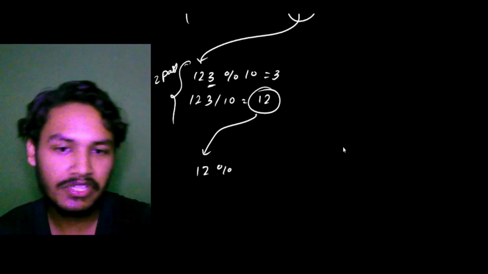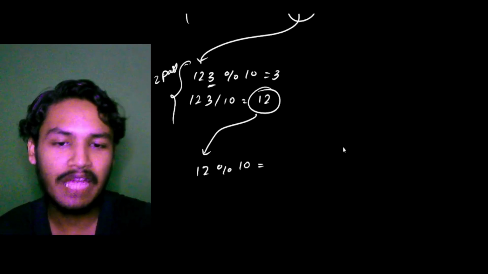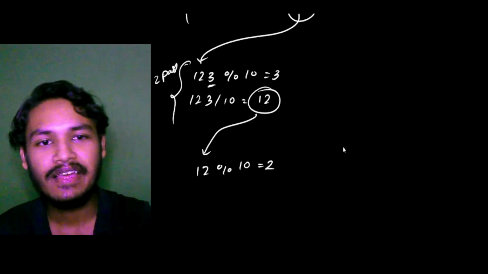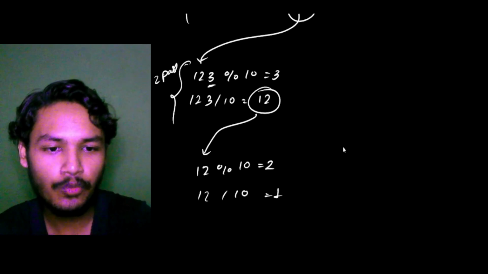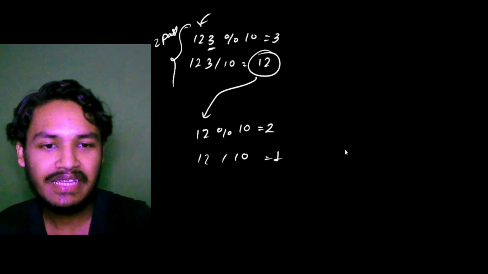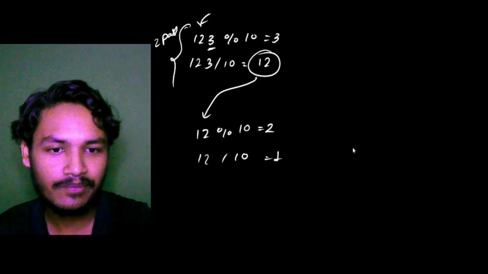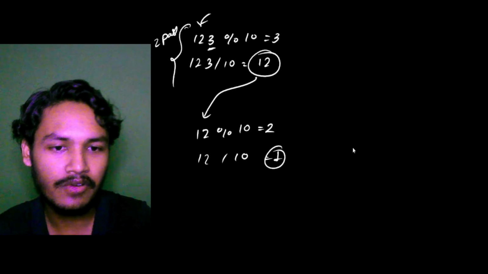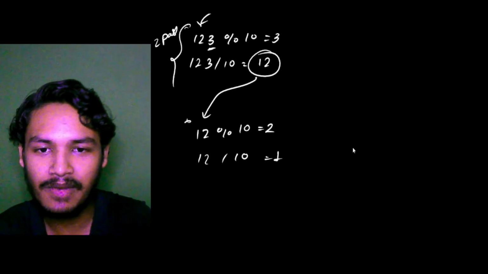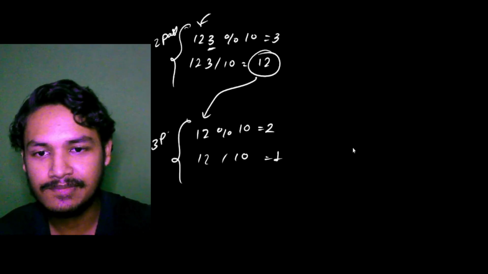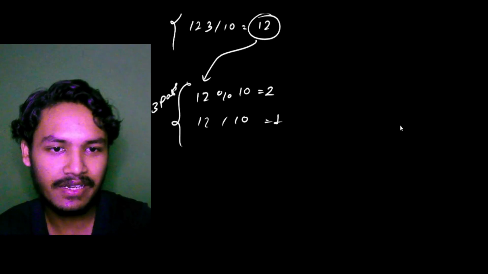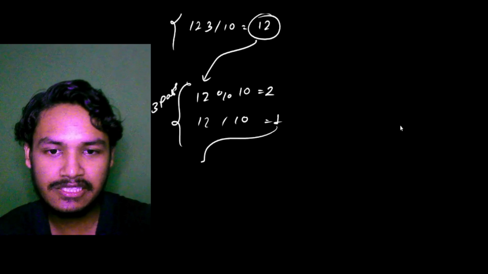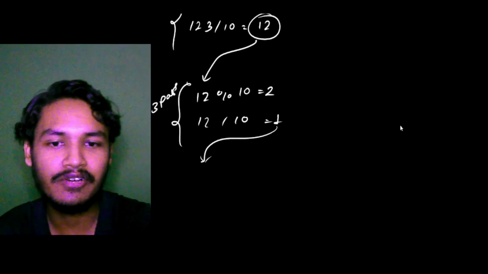Again we can take modulus of this number with 10 and we will get the last digit, and again we can divide this number by 10 and we will get 1, and this will be the input for our next pass. By the way, this is the third pass.